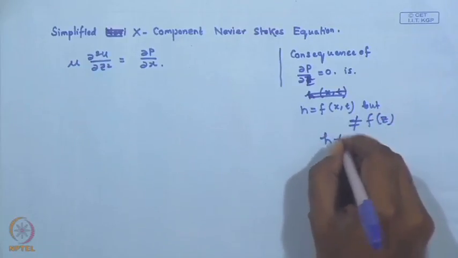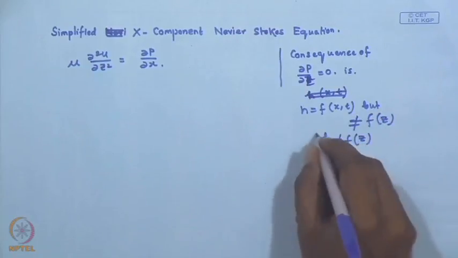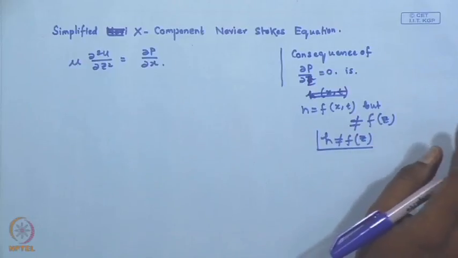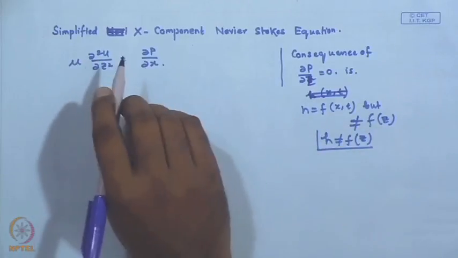So, h is not a function of z. This is important. Okay. Now, this is the simplified Navier-Stokes equation.